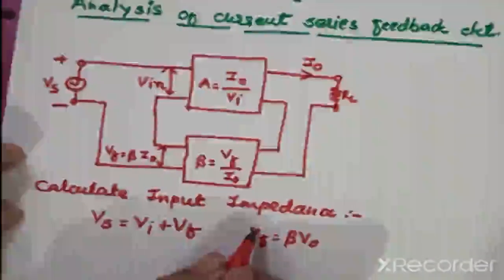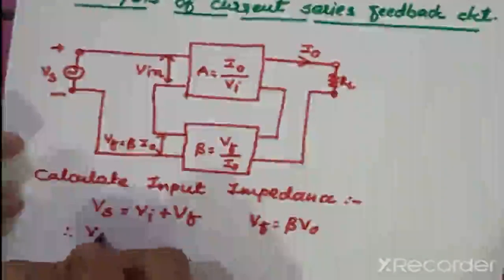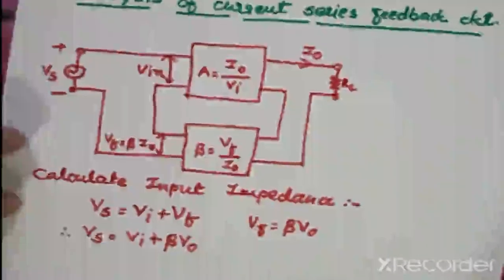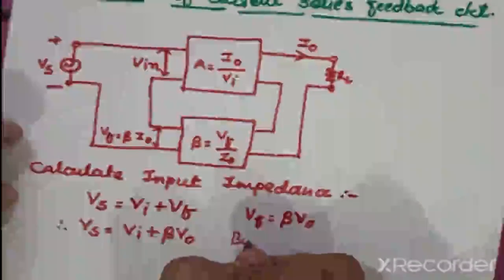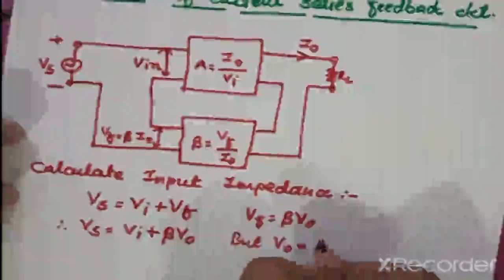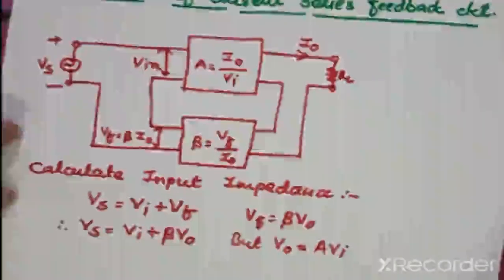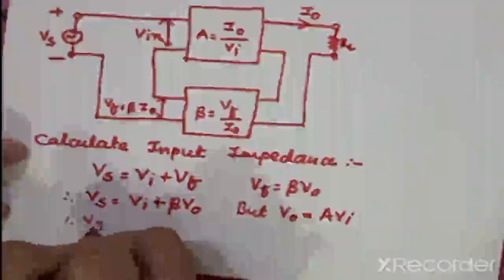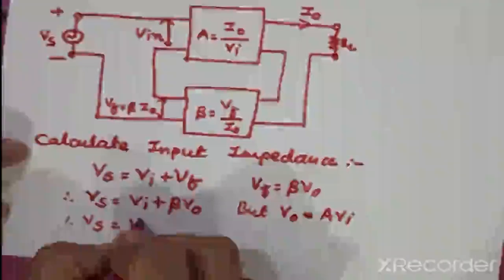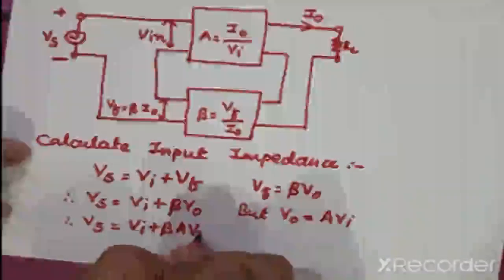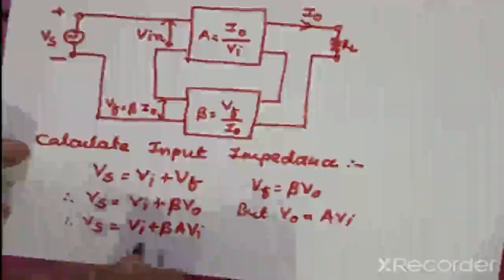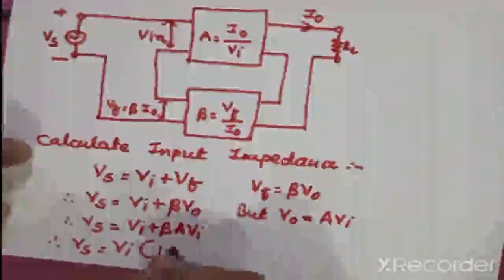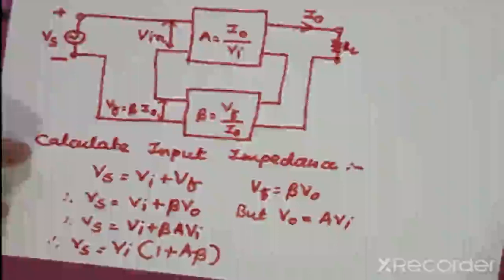Putting the value of Vf in this equation, we get Vs equal to Vi plus beta Vo. But we know Vo is equal to A into Vi. Putting the value of Vo, we get Vs equal to Vi plus beta A Vi. Vi is common, so Vs is equal to Vi into bracket 1 plus A beta.